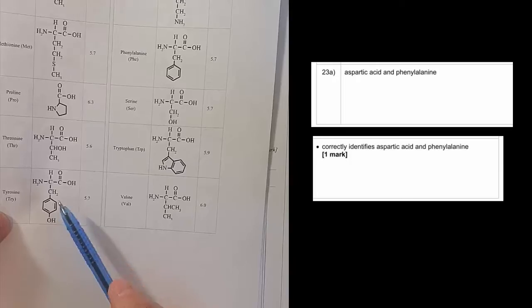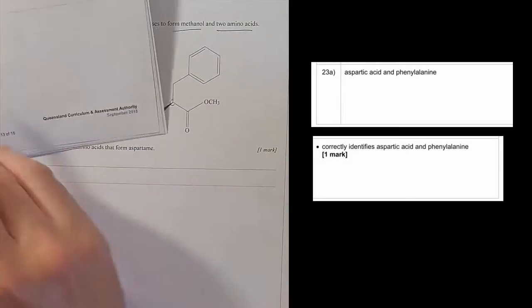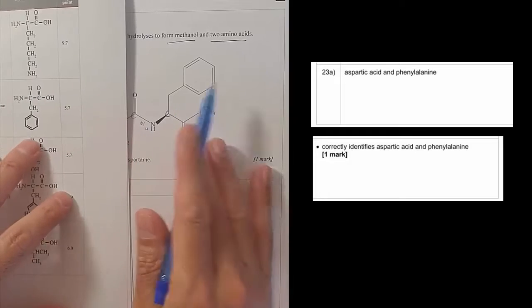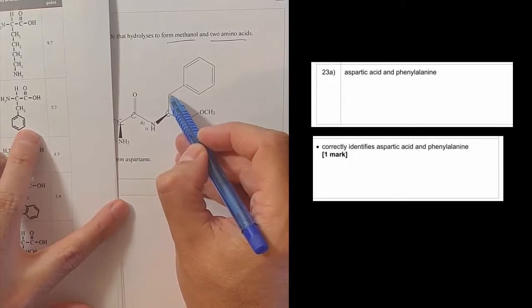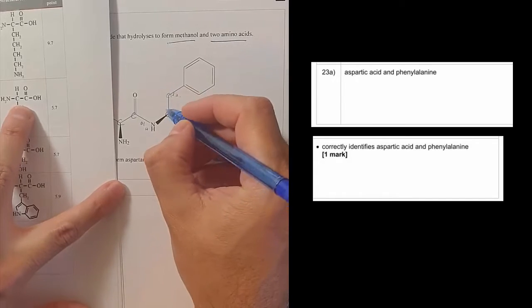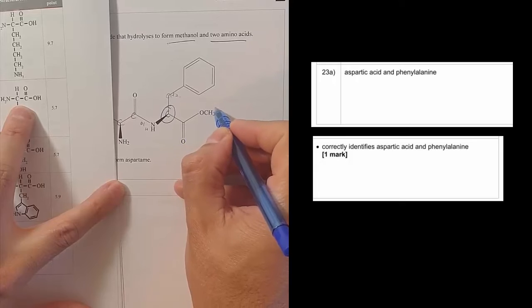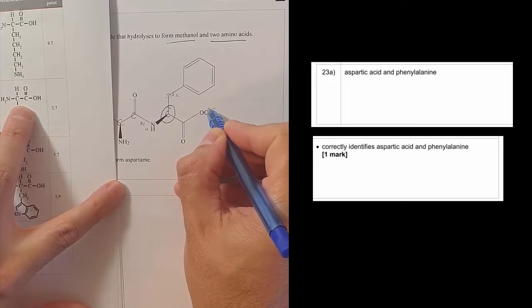Could be tyrosine or phenylalanine. So there's no OH there, so it must be phenylalanine. So we'll just work from there. So the phenylalanine, the CH2's there, then the C. So that's the central carbon. And then we've got this group out here.